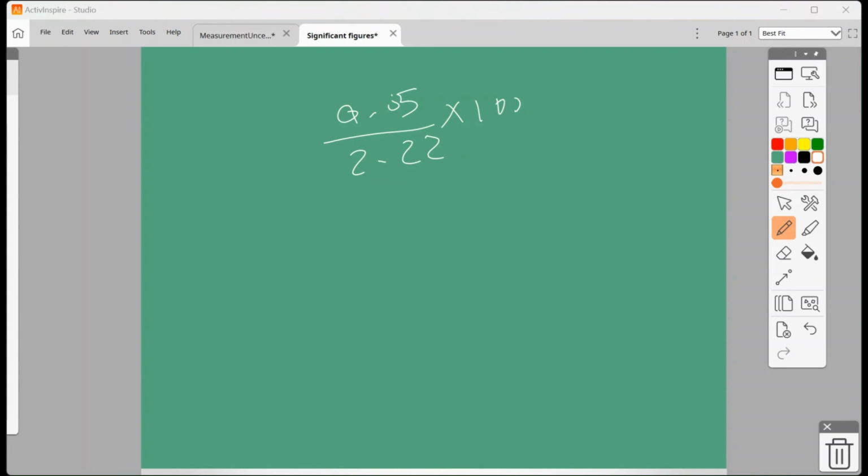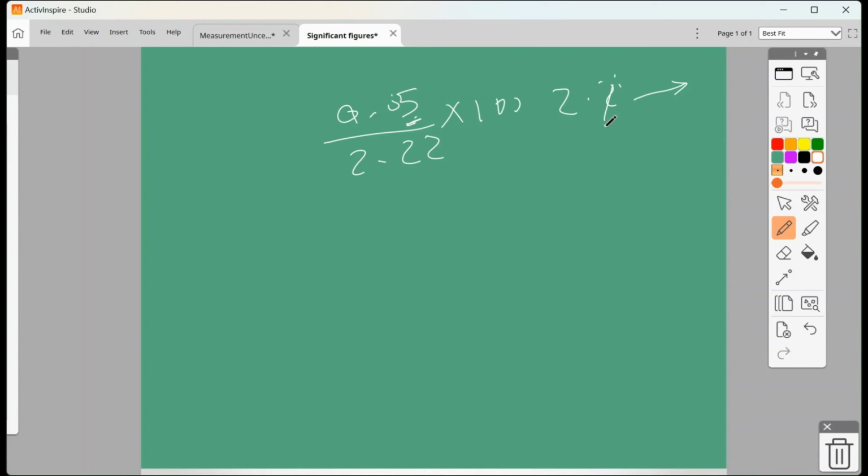So 0.05 divided by 2.22 multiply by 100. Answer is 2.2, and then it continues, but the number with the least significant figure is this.